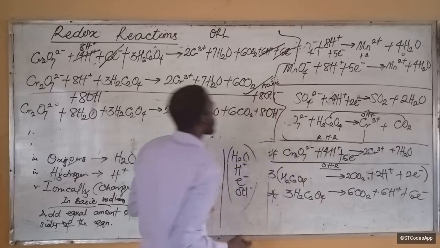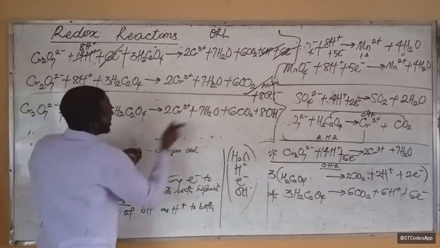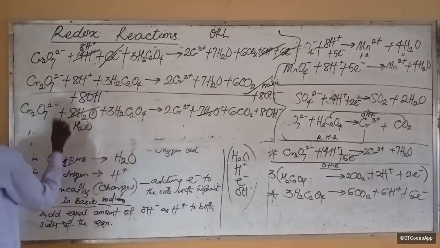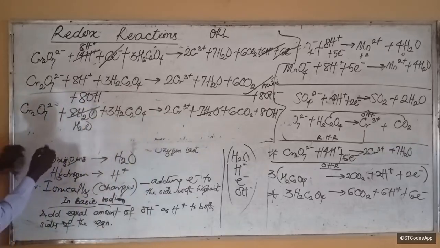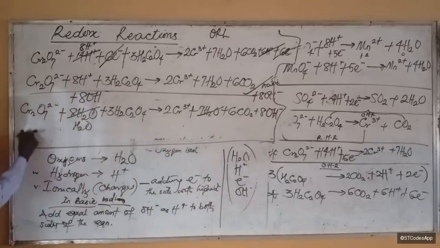So you see now that water appears here and here, right? Cancel 7 water, cancel 7 to remain 1 water. So our final answer becomes, so you have to be patient, okay? Because you have to write and write and write.